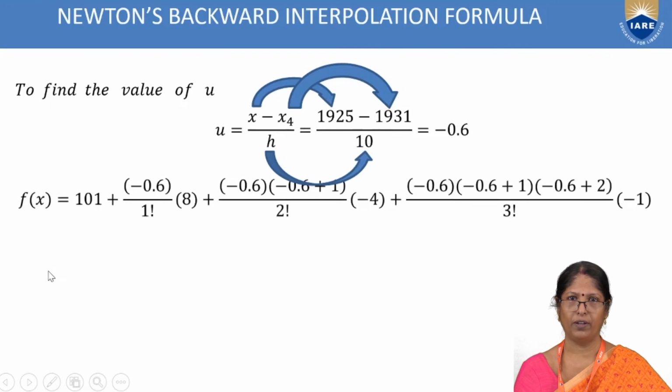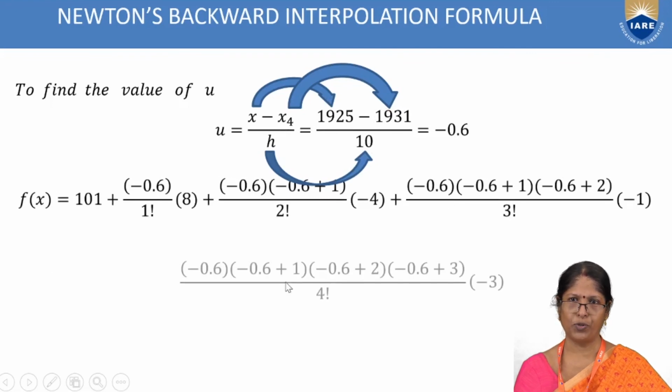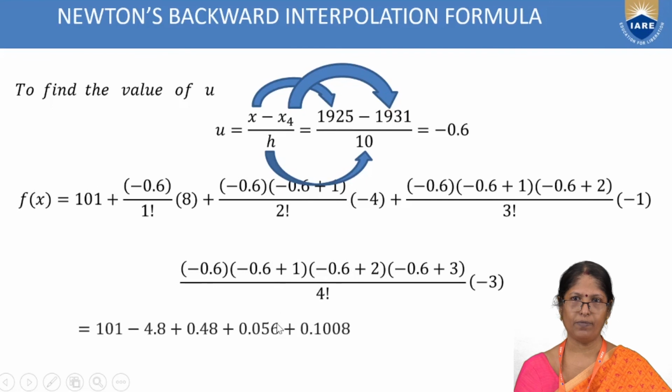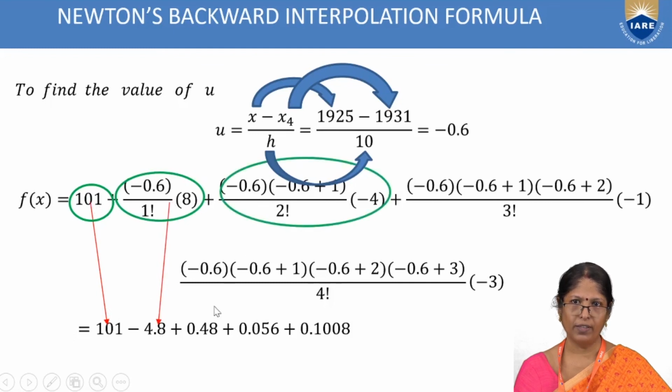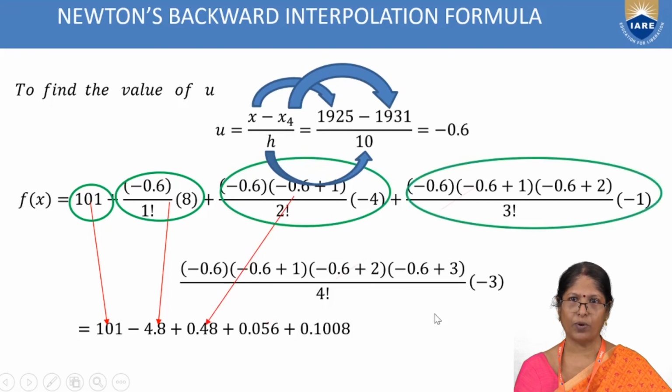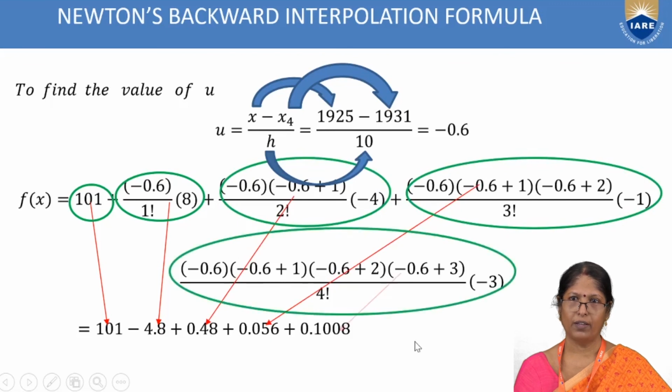We got it. All the values we substituted in the formula. So now you can see 101, we wrote it. This calculation is minus 4.8. This calculation is 0.48. This calculation is 0.056. This calculation is 0.1008.